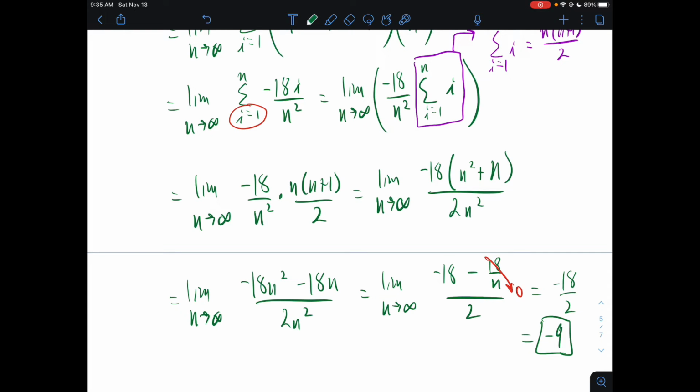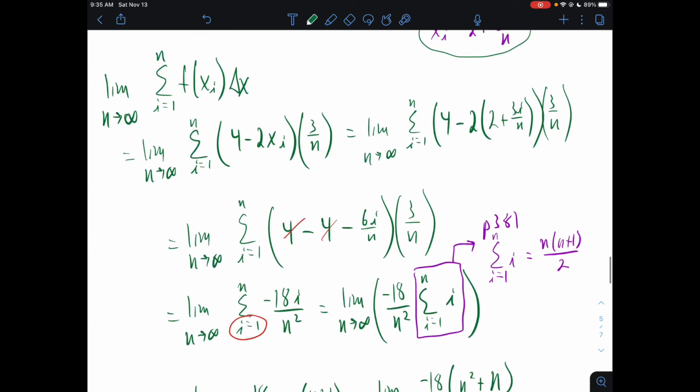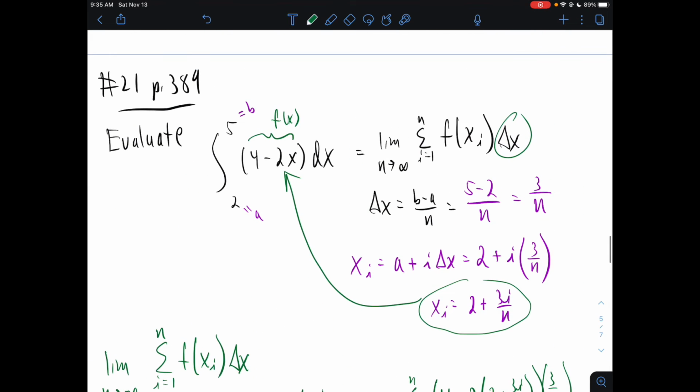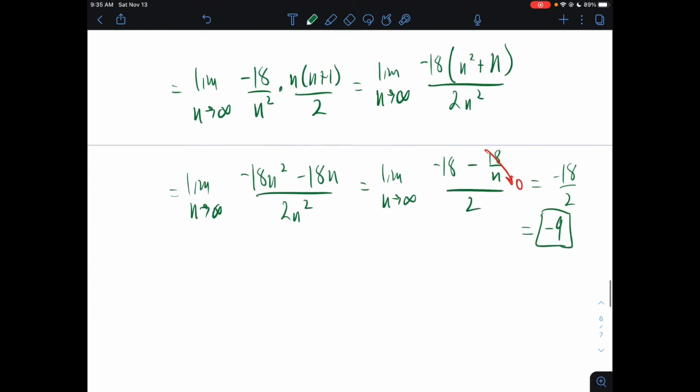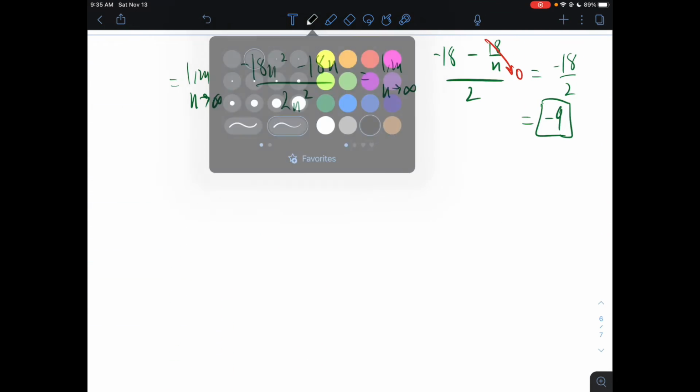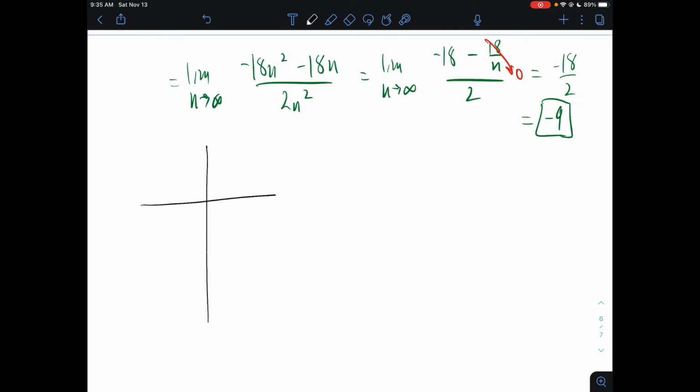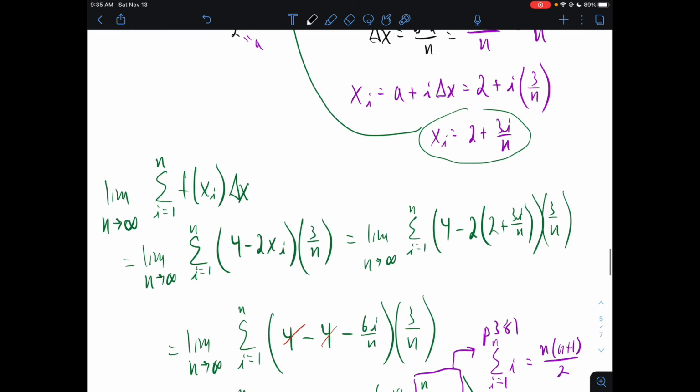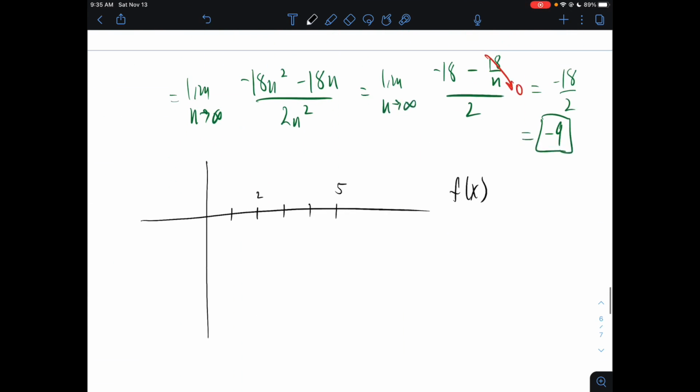Okay, that's interesting. Why is the area negative? Now that we've finished all this, let's just go back to our function. That's a line, 4 minus 2x. And the interval is from 2 to 5. So I'm going to draw the graph of this. So 1, 2, 3, 4, 5. And f of x, that was 4 minus 2x.